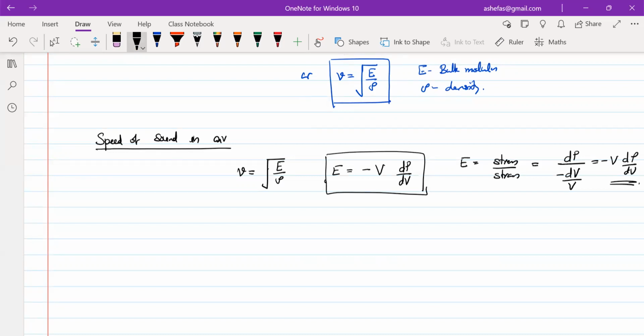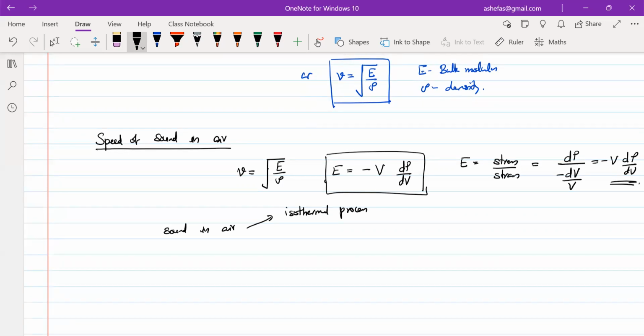Okay. Now there are two models to explain the propagation of sound in air.